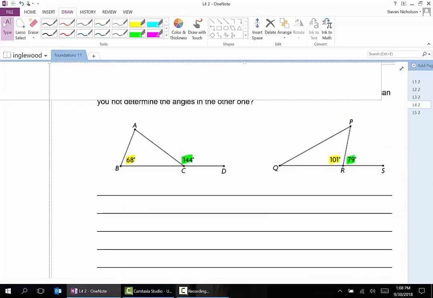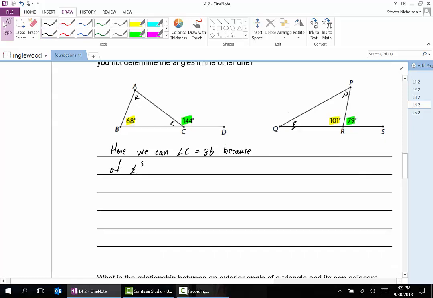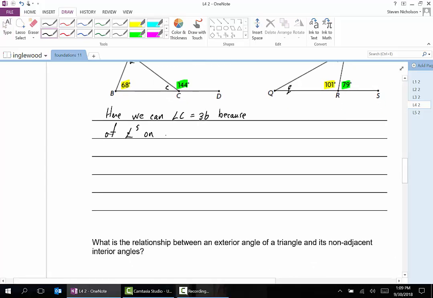So can we figure out all the angles? I'm going to call this little a, and this little c, and this little p, and that little q. And this one here, we can figure out angle C, which equals 36 degrees, if we care, because of angles on a line, supplementary angles on a line.